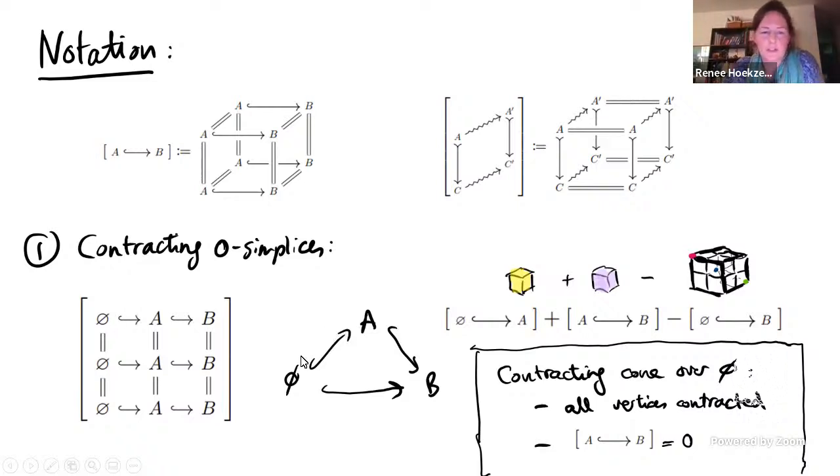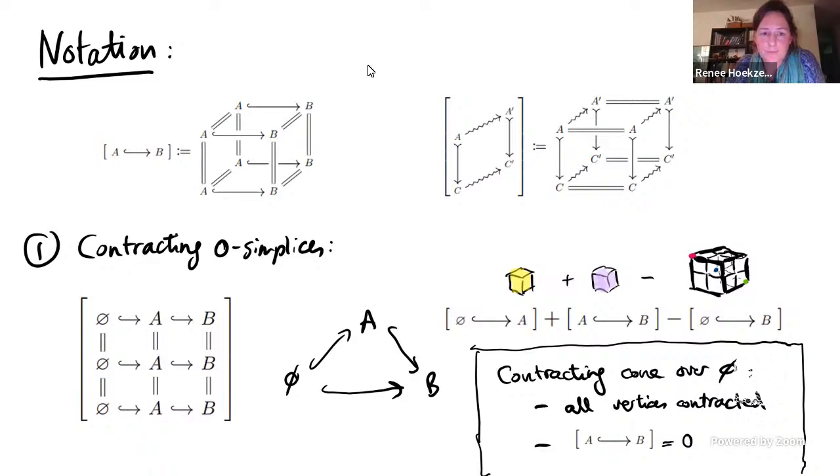So I can also think of this as a two simplex that goes from empty to A to B. And this will impose the relation that empty to A plus A to B minus empty to B is 0.